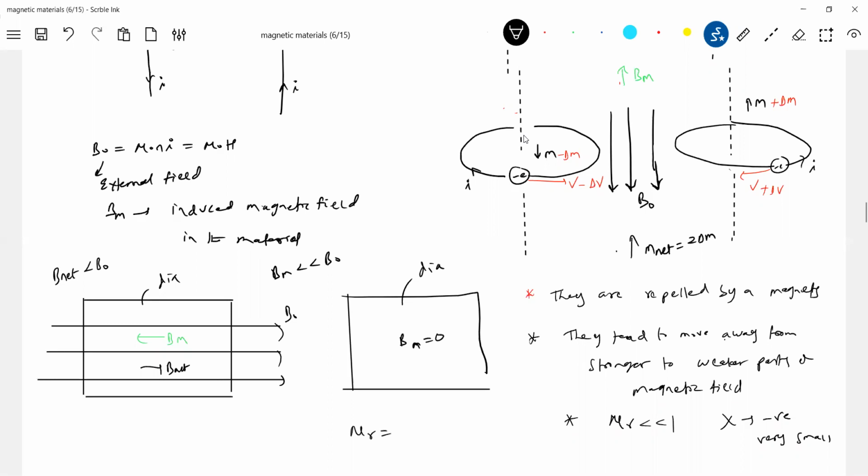Mu r is equal to 1 plus chi. Chi is very small and negative, so what do you expect of mu r? Mu r will be very small and positive.